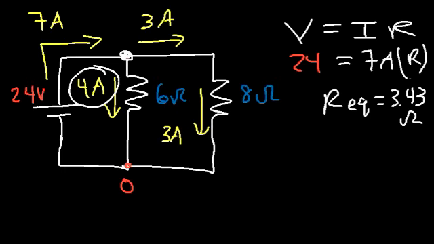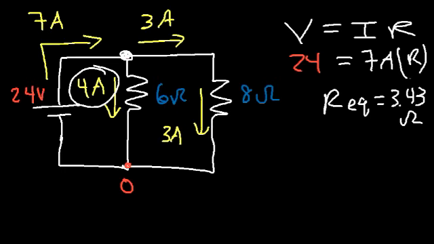Now there's another way in which you can calculate the equivalent resistance. You can use this equation: 1 over R total, which is the same as Req, is equal to 1 over R1 plus 1 over R2. So if you raise both sides to the minus 1, then you get this equation: RT is equal to (1 over 6 plus 1 over 8) raised to the minus 1.